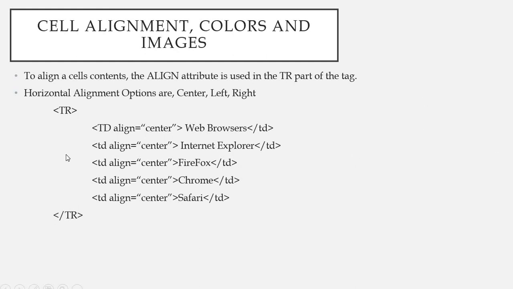So you have a single row, only one TR is specified. These are the different names of the browsers.